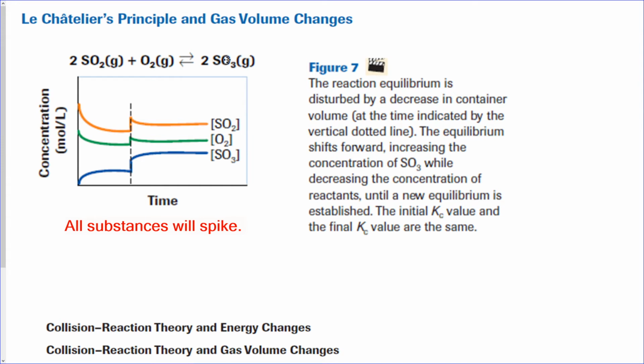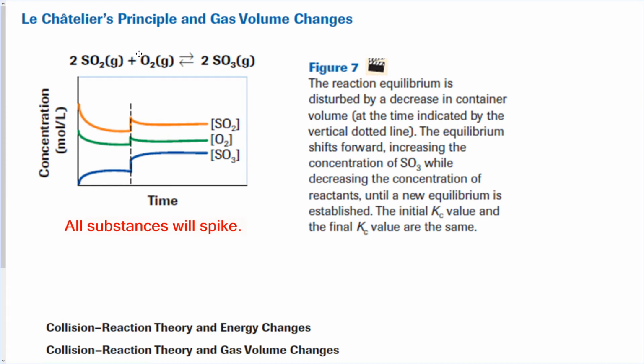So if I increase the pressure by decreasing the volume, if I make a smaller space, the pressure is going to increase. When it increases, the pressure will be greater on the side that has more moles, so in this case, the reactant side. And so it's going to shift toward the product side. The concentration of my product is going to increase while the concentration of my reactants decreases.